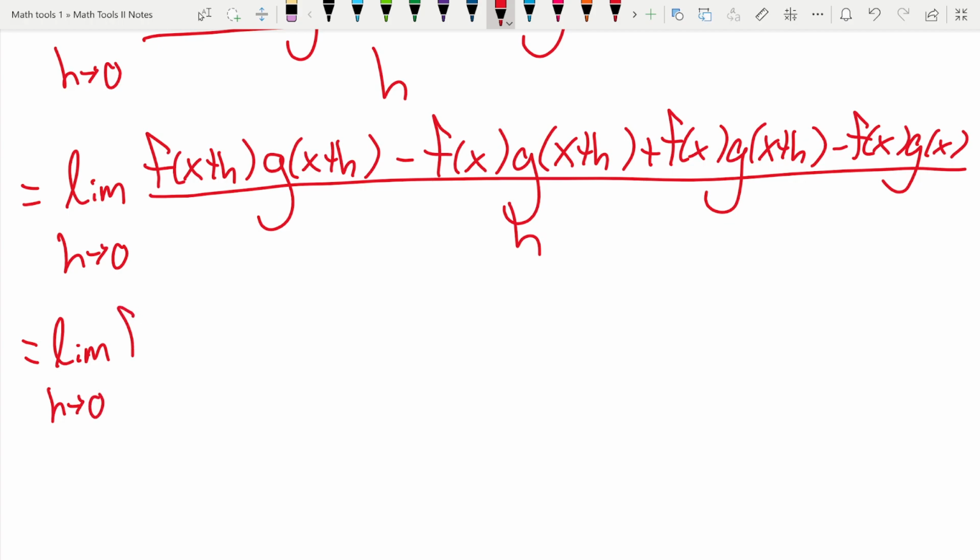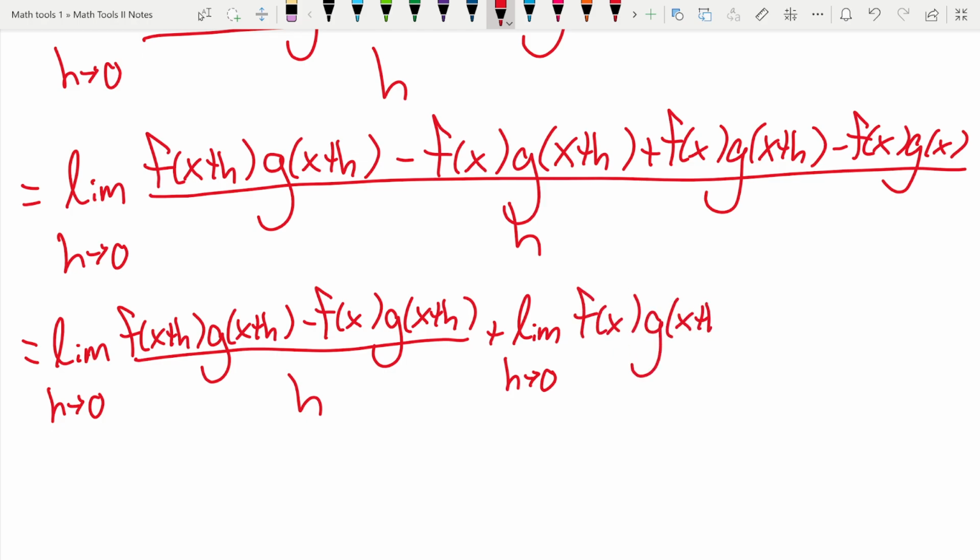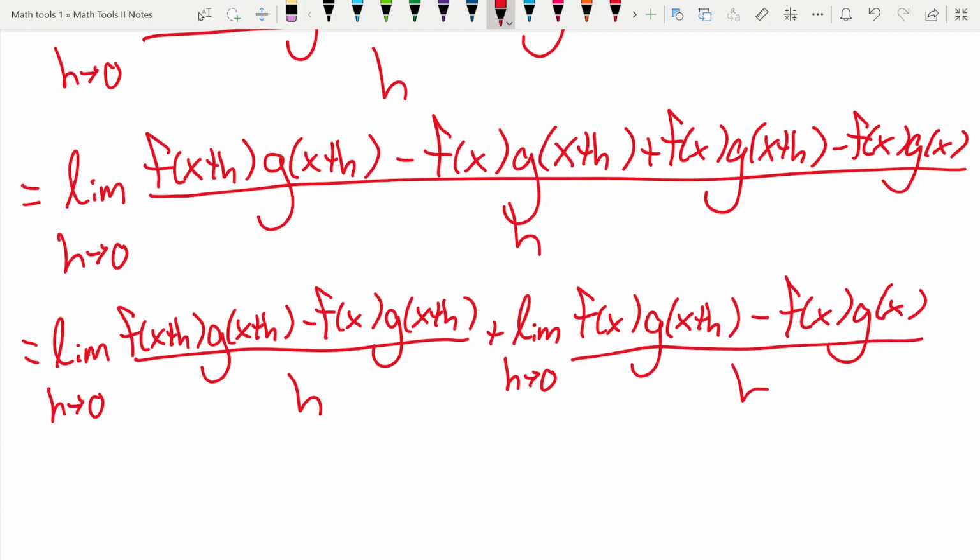So the limit as h approaches 0 of f of x plus h, g of x plus h, minus f of x, g of x plus h over h, plus the limit as h approaches 0 of f of x, g of x plus h, minus f of x times g of x over h. So maybe you notice now that there's a term that we can factor out in both of these.